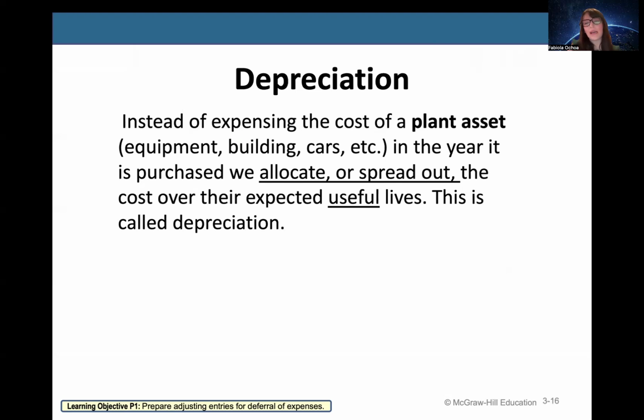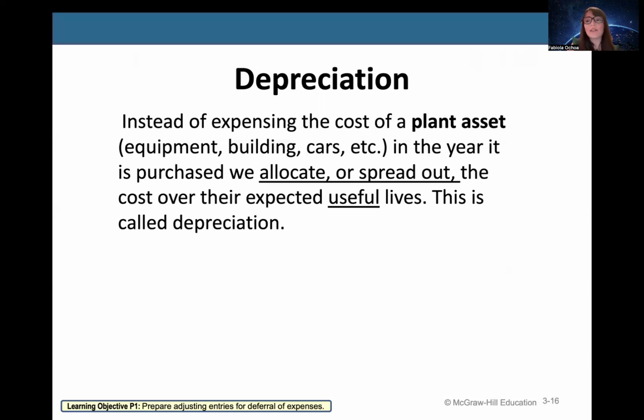Now, should you be allowed to expense $100,000 that year for that car? So think about this. Will a car only last you a full year? Probably not, right? So instead of expensing a huge amount in year one, we're going to spread out that cost of that vehicle over its useful life, depending on how long the vehicle lasts you, 5 to 7 years.